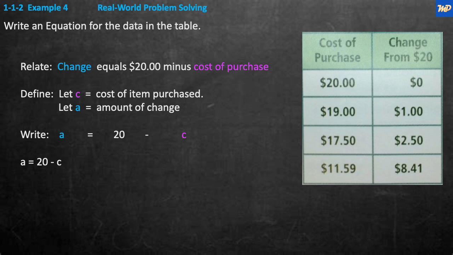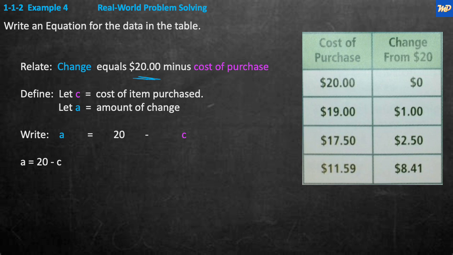So what is that equation? The change equals the $20 you gave the clerk minus the cost of the purchase. If you paid $14 for something and you gave the clerk $20, you'd expect $6 back. We're going to use two variables this time. That's the key here. We're going to let C equal the cost of the items purchased, and A equal the amount of the change.